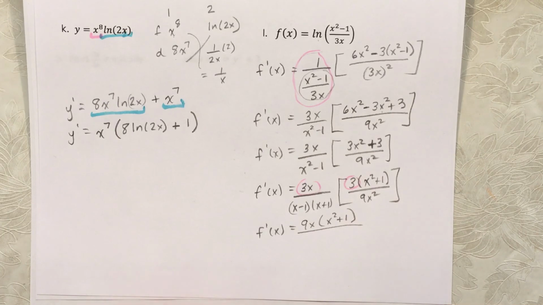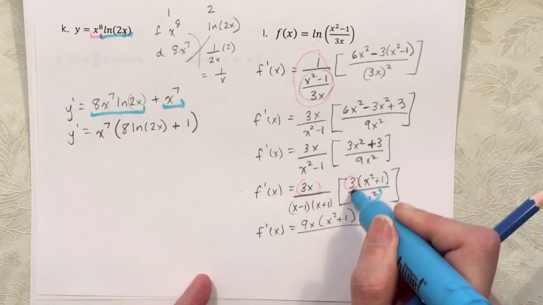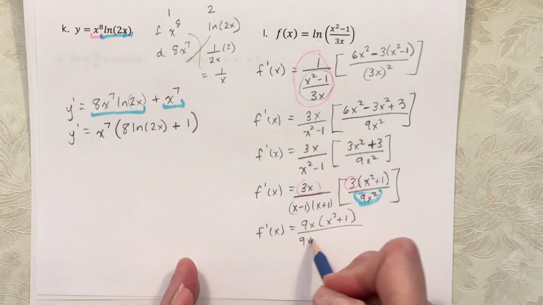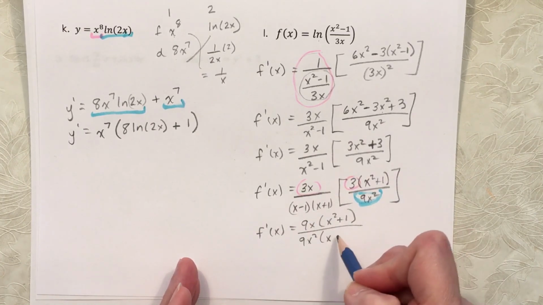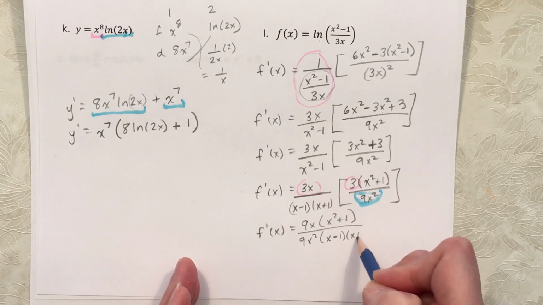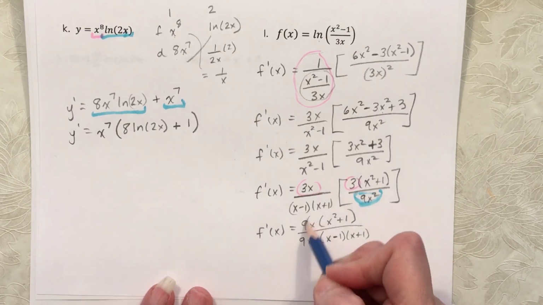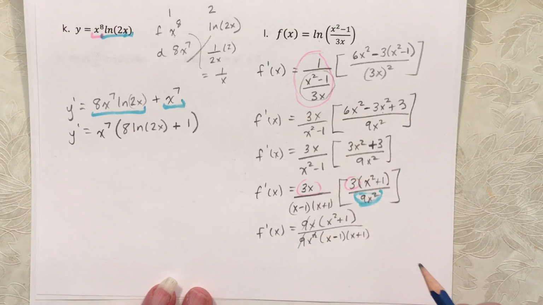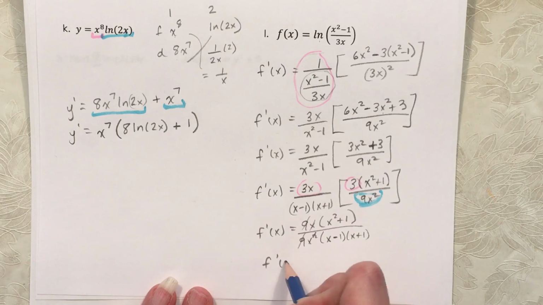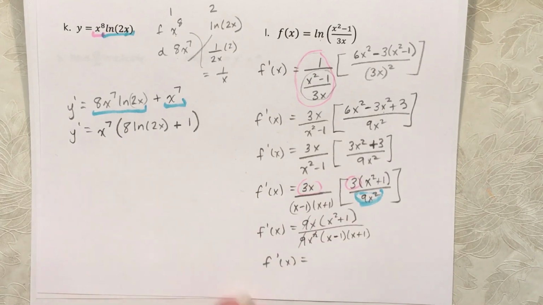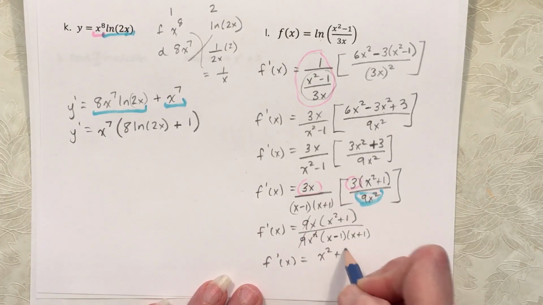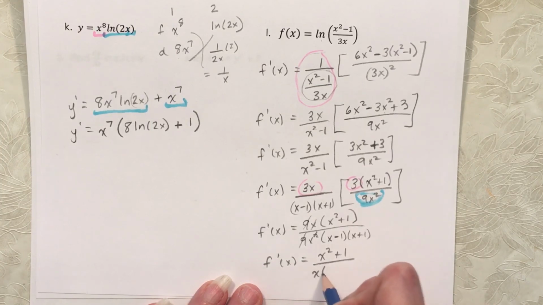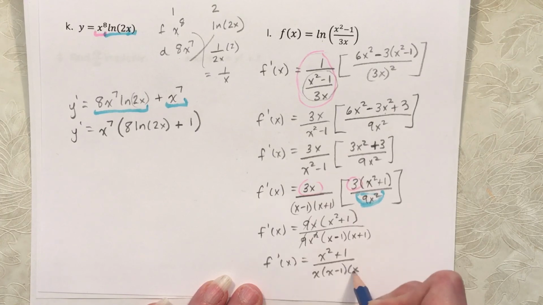And in the bottom, I want the monomial term out front. So I've got a monomial, 9x squared, multiplied by 2 binomials. The 9's divide out. The x takes away the squared on the bottom. So f prime at x in simplified factored form would be x squared plus 1, because x squared plus 1 doesn't factor, over x times x minus 1 times x plus 1.